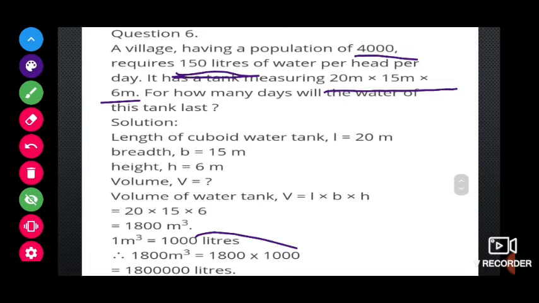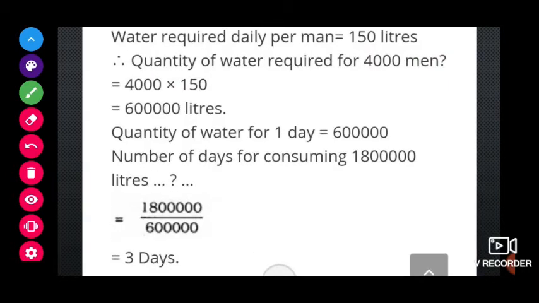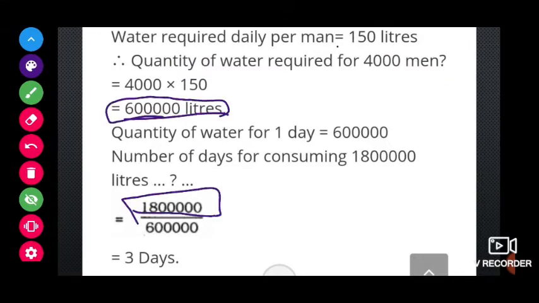First we find the volume of the tank, and as we know already, 1 meter cube is equal to 1000 liters, so from that we find how many liters of water it can hold. For per head it is 150 liters. Then for 4,000 members, we find how many liters per day are required. This is the one day requirement. Then dividing the total water by this, we get 3 days.